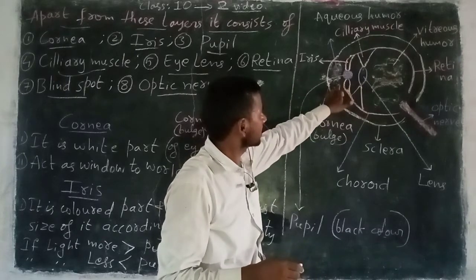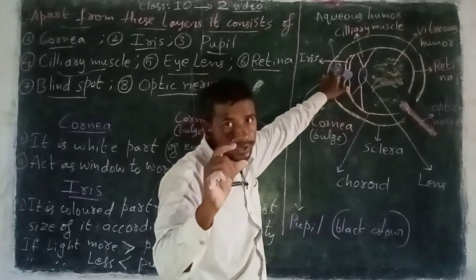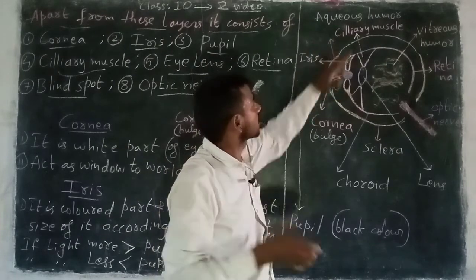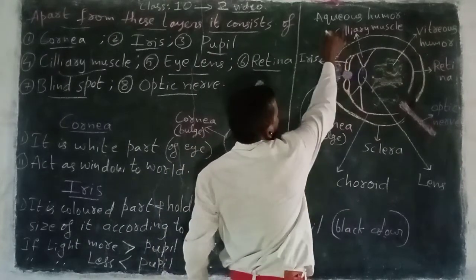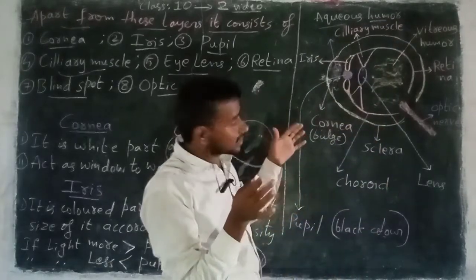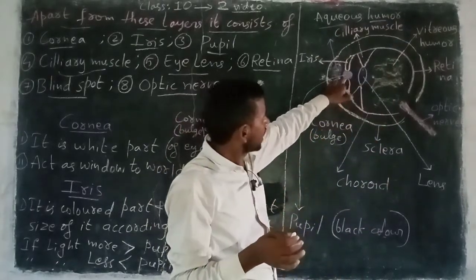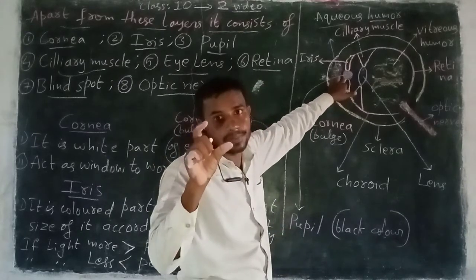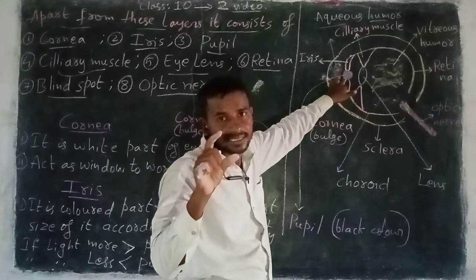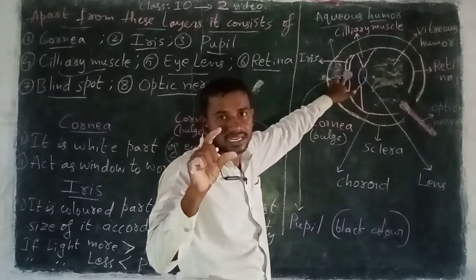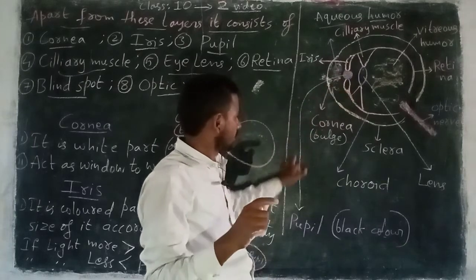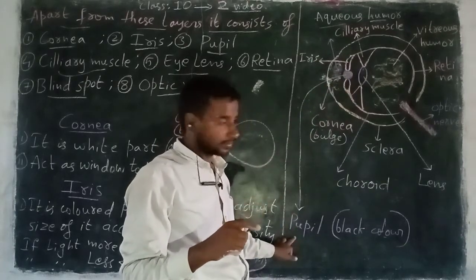Inside the cornea, there is one fluid. That fluid is named aqueous humor. After that, we have one small dark place, one small dark ball. That small dark part is named pupil.